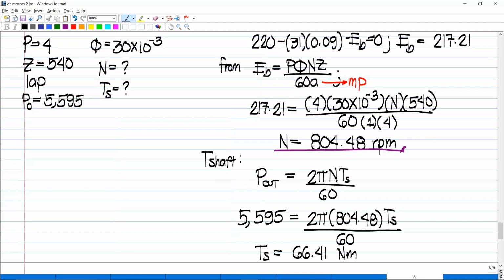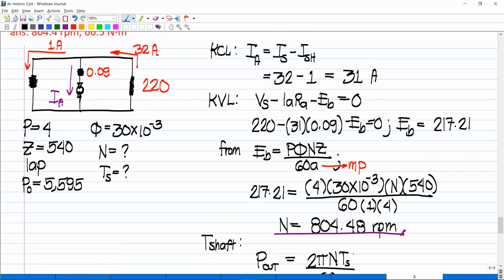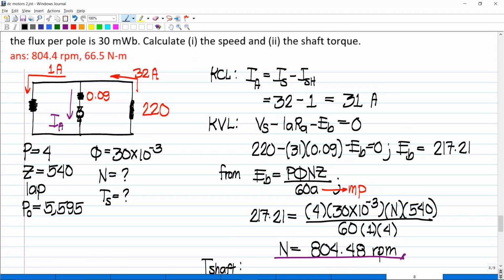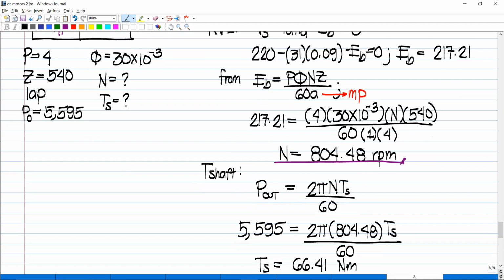Is this what is in the key answer? Yes, 66.5 Newton meter.